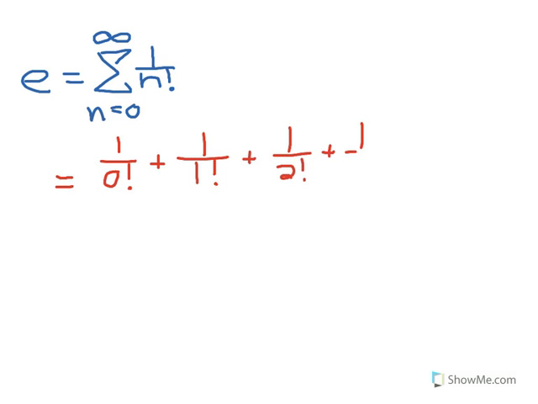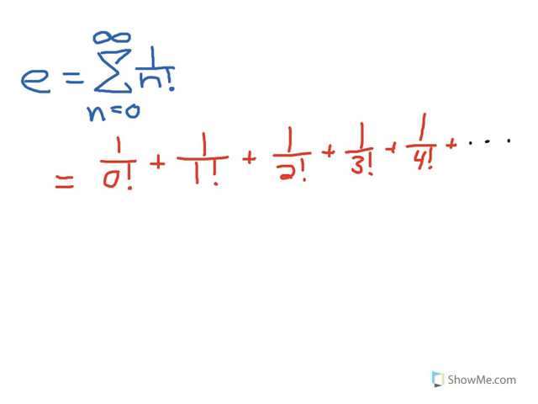Plus, you put 3 in for n. Plus, you put 4 in for n. You continue this forever, theoretically. We don't have forever. So how far are you going to go here? You go until you get to 8 decimal places, and the 8th decimal place is not changing.